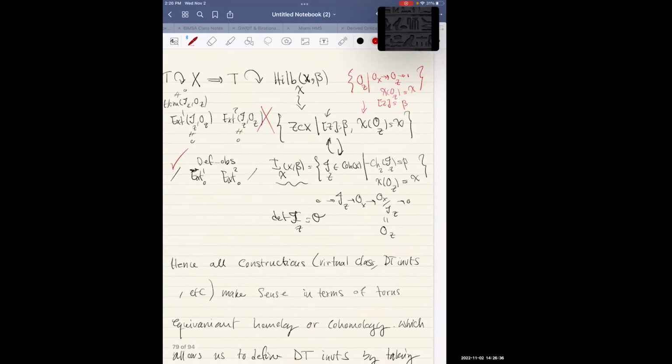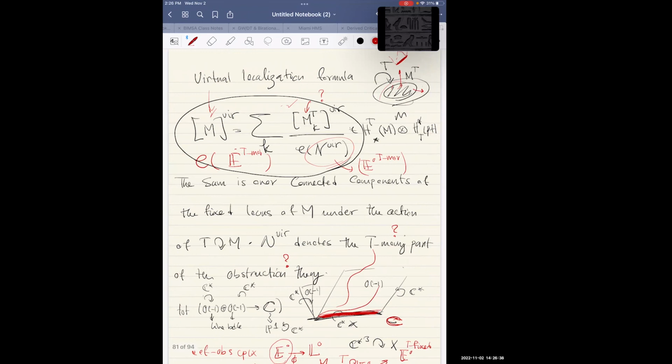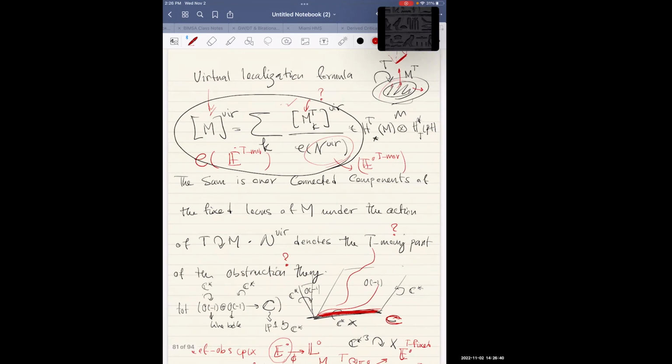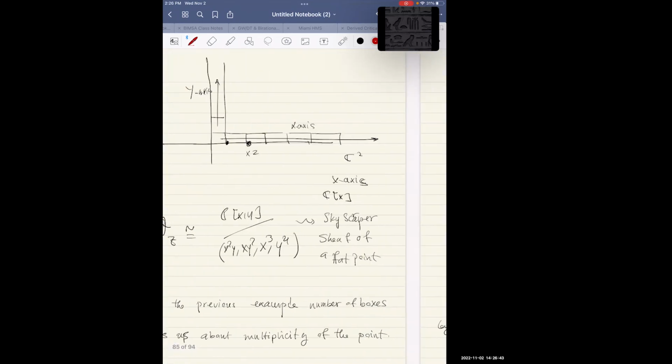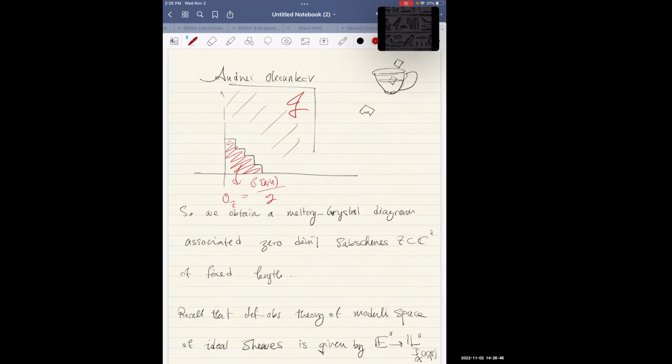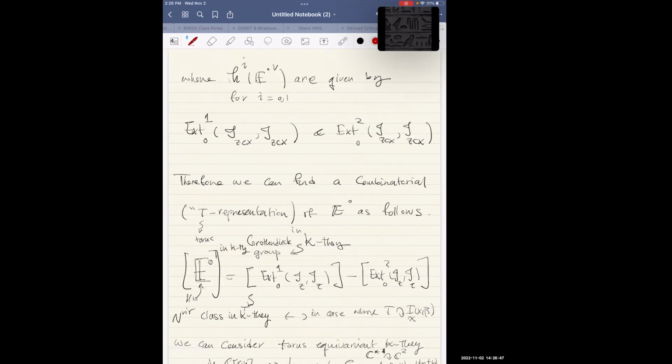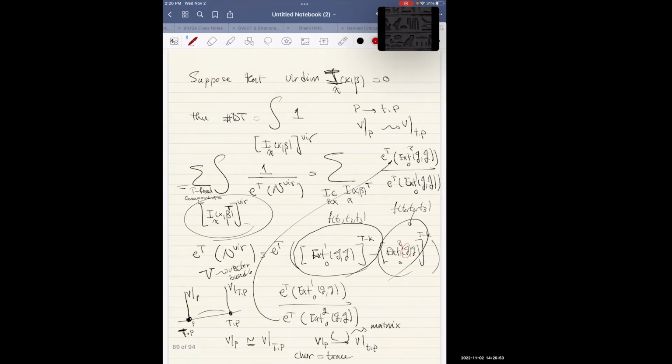So we see that the torus equivariant calculation, or torus fixed calculation, actually helped us to obtain first the T character of the deformation obstruction complex, then integrate over the moduli space, meaning add over all possible configurations of boxes that represent points in the moduli space. Those are, for us at least here, finite length box configurations concentrated at the corner of C2.